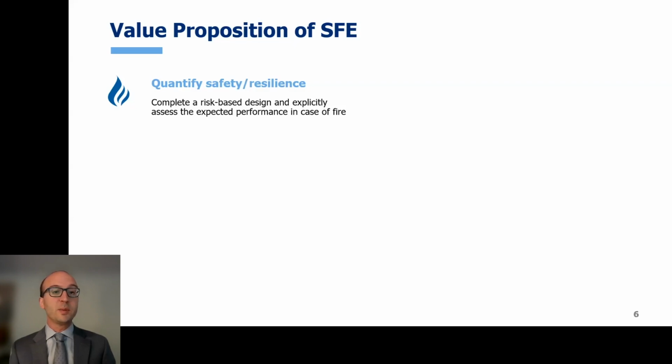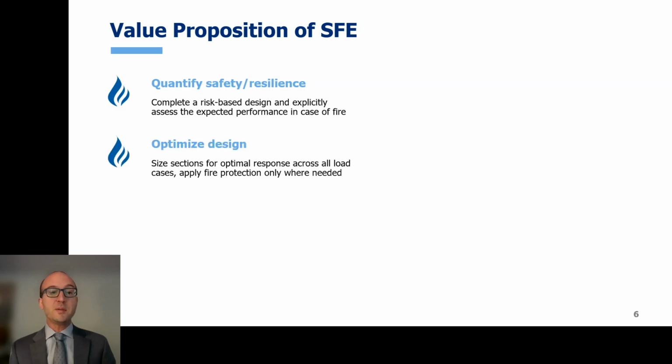So to complete a risk-based design and explicitly assess the expected performance in case of fire, we'll use computational modeling. To optimize the design, to size sections for optimal response across all load cases, as was mentioned, and also apply fire protection only where needed and in sufficient amount where really needed.